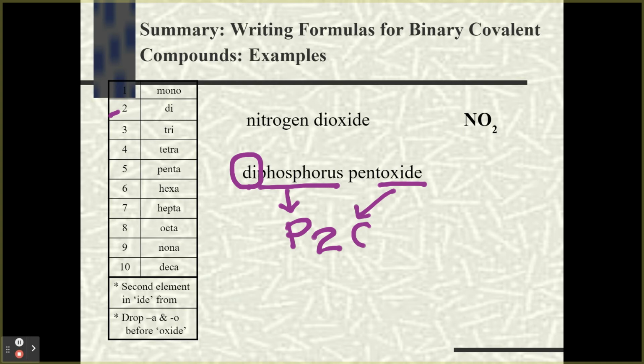So O. And how many O's do I have? Pent. Wait a minute. It's missing an A. Remember we cancel out A and O. If you have an A and O side by side or O and O, you cancel the A or the O to make it sound nicer. So in our case, penta is our prefix, so therefore it's a 5. So diphosphorus pentoxide is P2O5. See it?